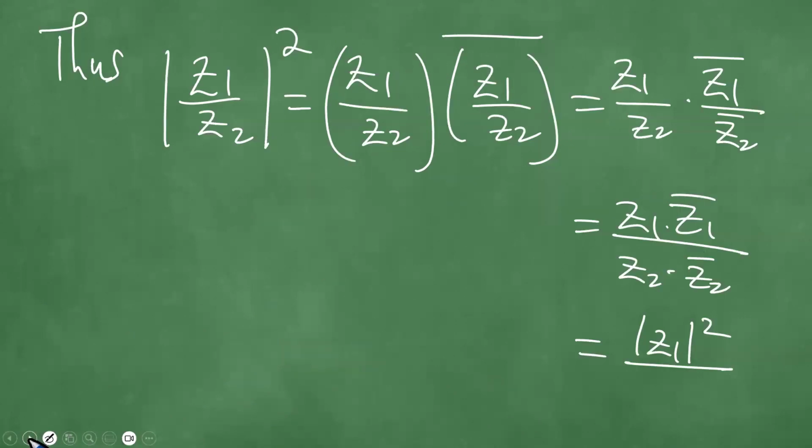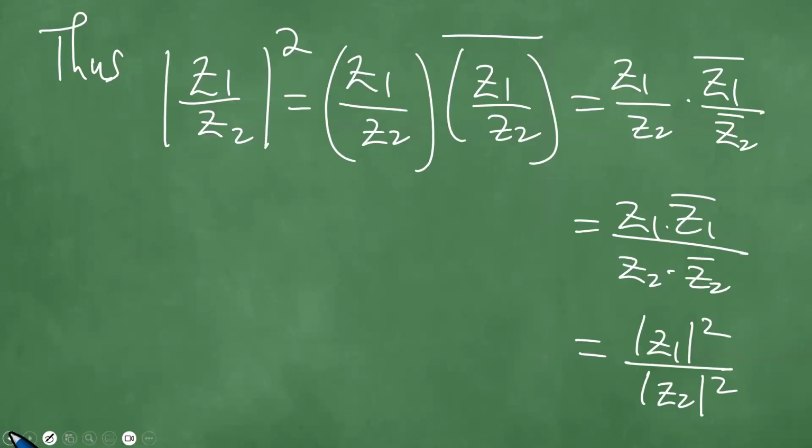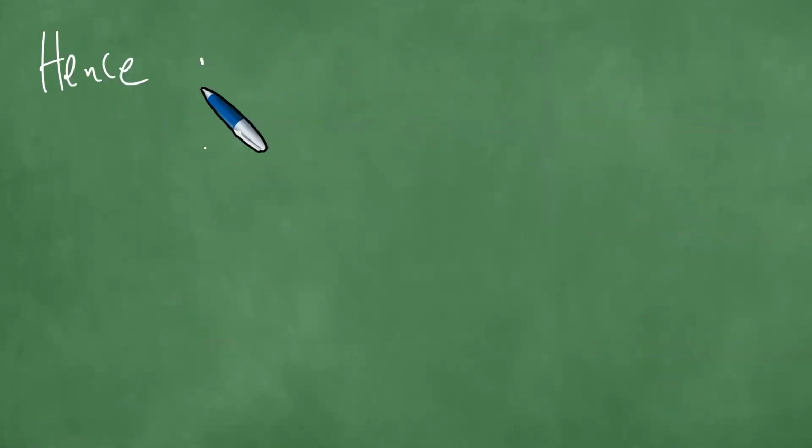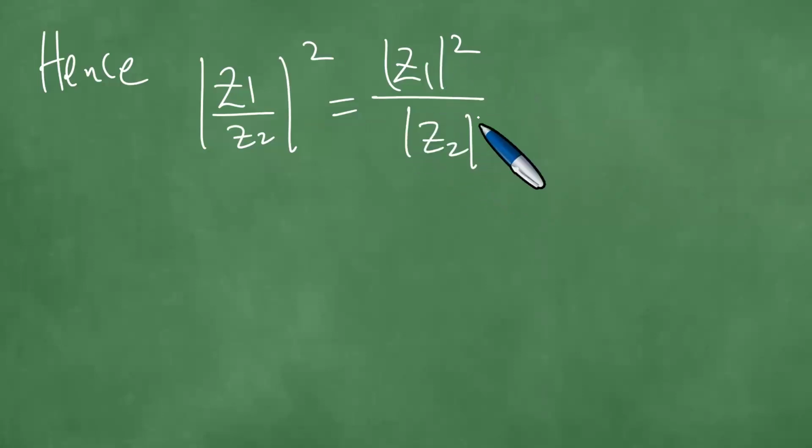Okay, we established that one. But also here, Z2 times Z2 bar is the modulus of Z2 squared. Hence, the modulus of Z1 over Z2, squared, is the modulus of Z1 squared over the modulus of Z2 squared.